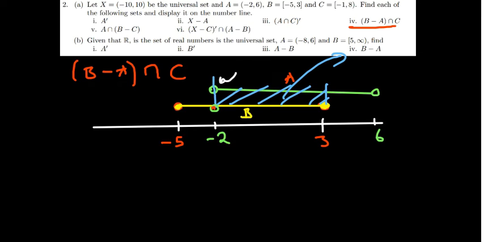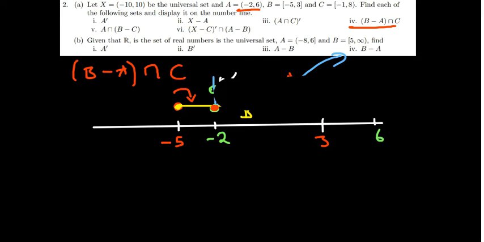So this end is going to be shaded to show that negative 2 has not been taken by A, because it is not part of A. So we've not removed it from B. It is still there. Therefore, what remains as our B minus A is from negative 5 to negative 2. I've removed this region because it is part of A as well.